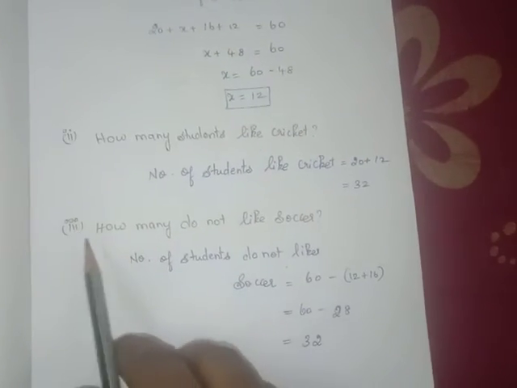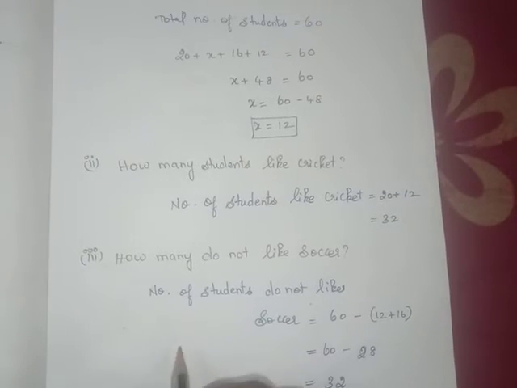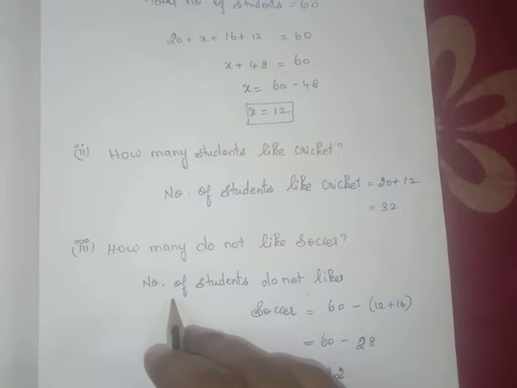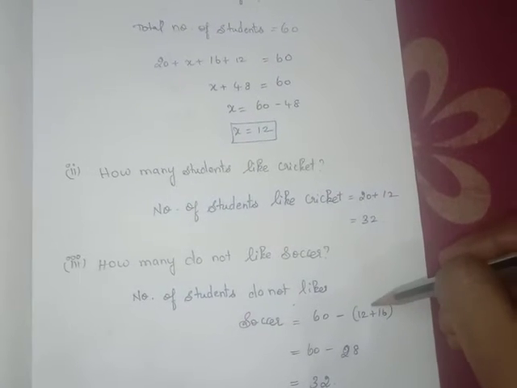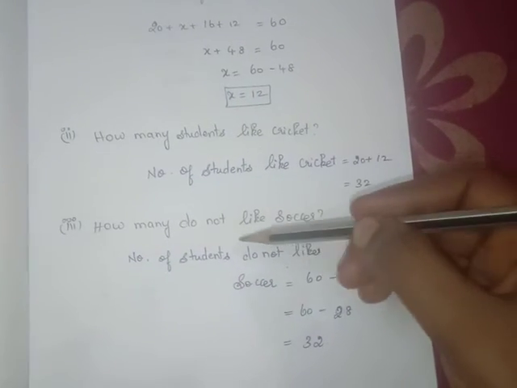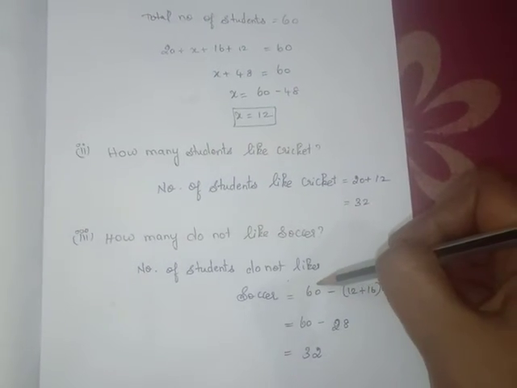The third question: how many do not like soccer? For 'do not', first you find the total number of students and subtract the students who like soccer, and you get the answer. So the number of students who do not like soccer is equal to the total 60 students, minus the students who play soccer.